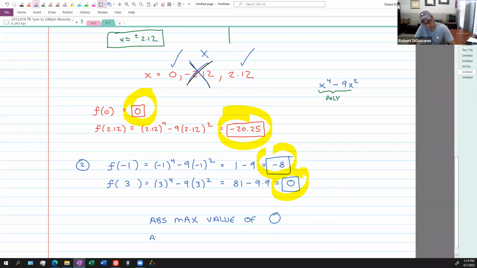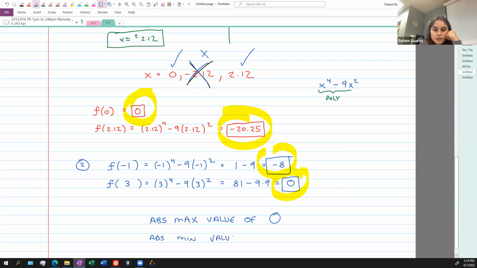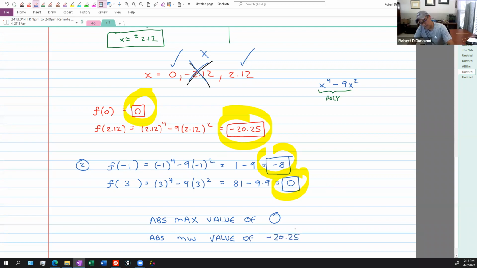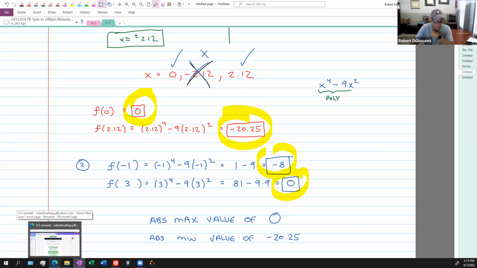And then what's the absolute minimum? -20.25. And that occurs when I plug in 2.12 into the function, right? We're done. We just found the highest and lowest points of this graph on that interval. That's our answer.